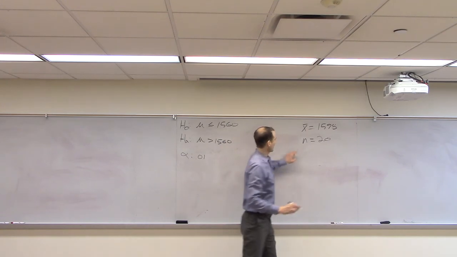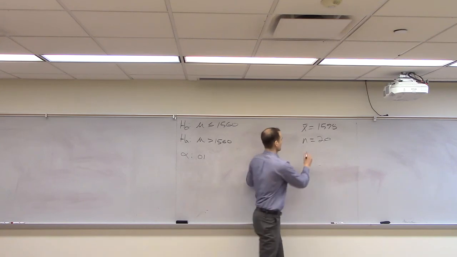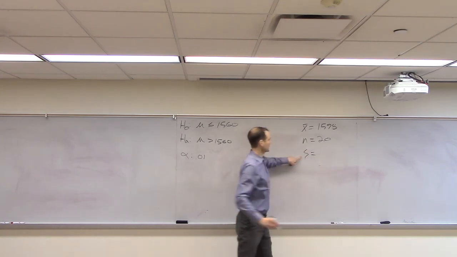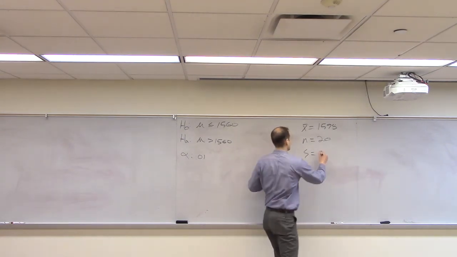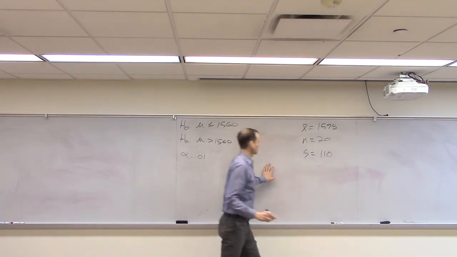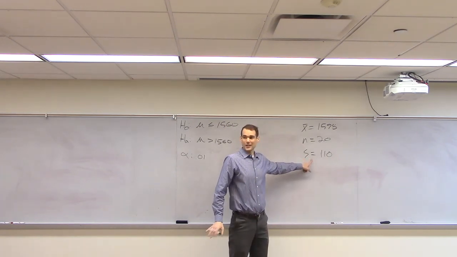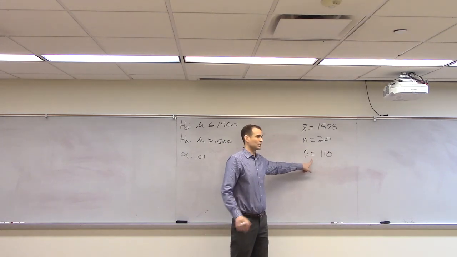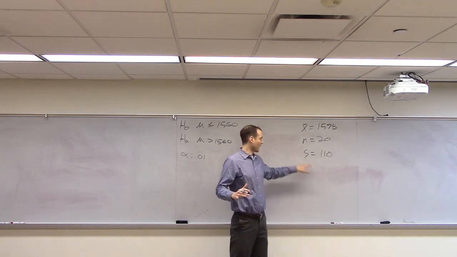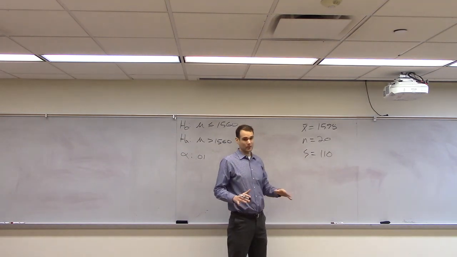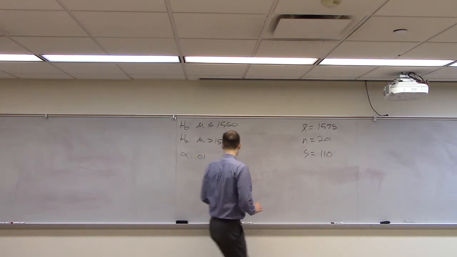And since we're not given a population standard deviation, we have to calculate it ourselves. We calculate the sample standard deviation of 110. You just put all those numbers in Excel and make sure you use the right formula that says sample standard deviation. But if you had to do it by hand, you would divide by n-1, and it would be a little bit bigger than it otherwise would be if it were the population standard deviation.